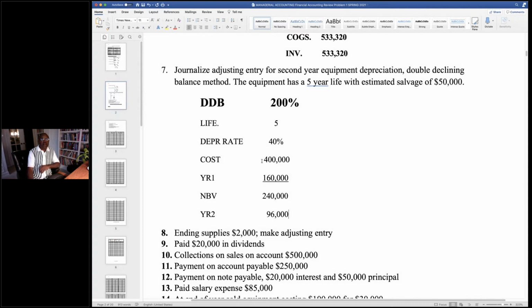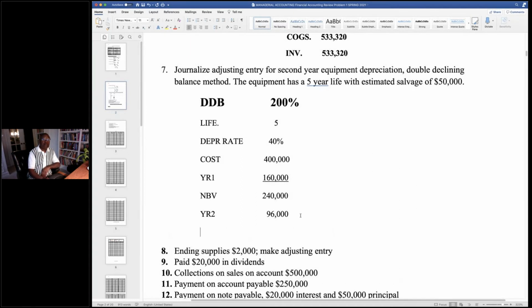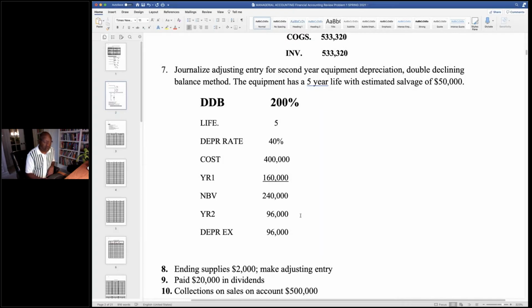So therefore, what's our journal entry going to be then? We're going to debit depreciation expense for 96,000. And what are we going to credit?